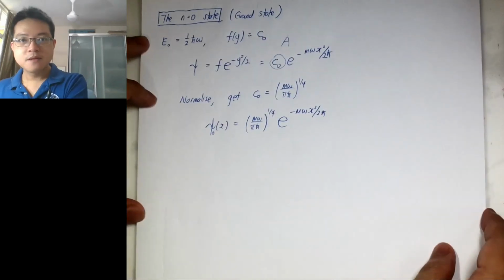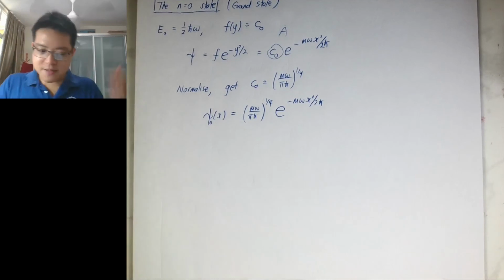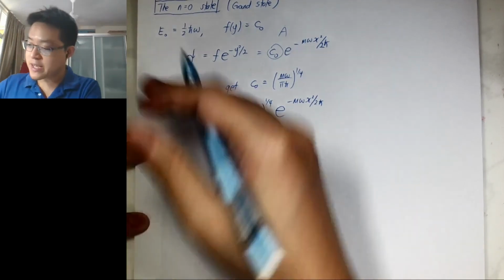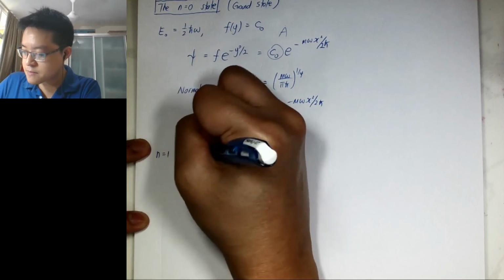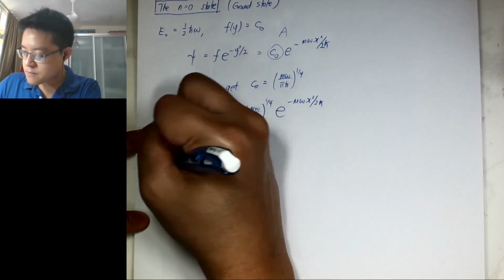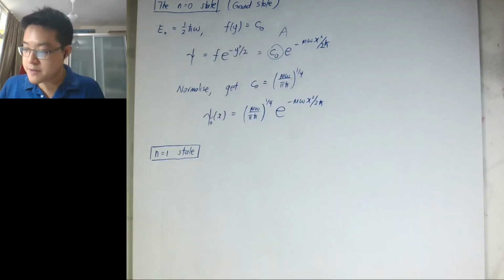Okay, so now the next thing that we want to do is, we got the ground state, can we get the n equals 1 state? This is the first excited state. When n equals 1, what was my energy?